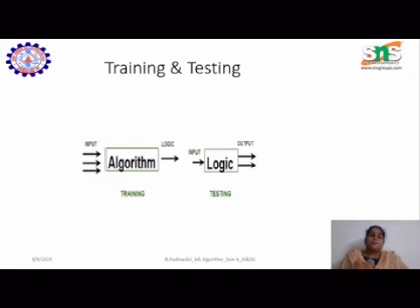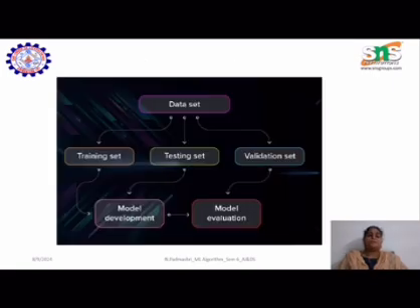That algorithm is trained, and it provides the output as some logic. We then test whether the logic applied to the algorithm is working properly. From the testing output, we get an approximation value. Testing and training are very important steps carried out in building a machine learning model.